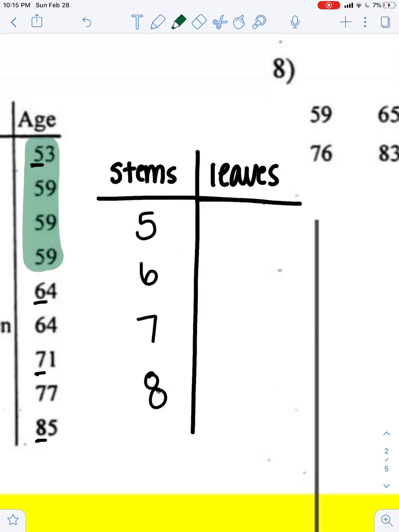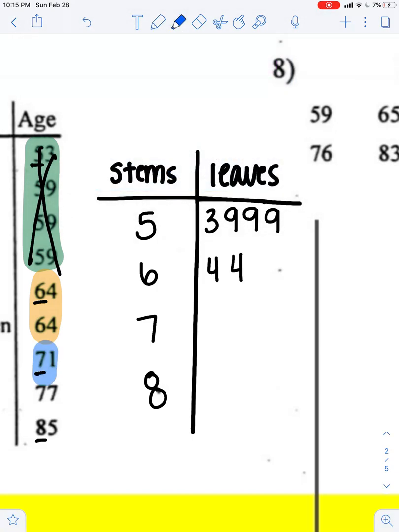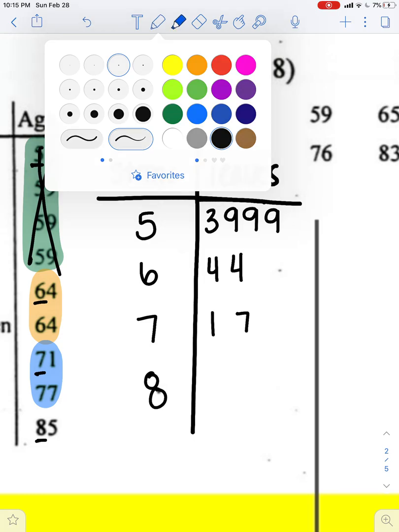So for 5, we're just going to focus on the 50s right here. And I have 3, 9, 9, 9. So now those are done. Next, we're going to focus on the 60s right here. And I have 4 and 4. For the 70s right here, I have 1 and 7.